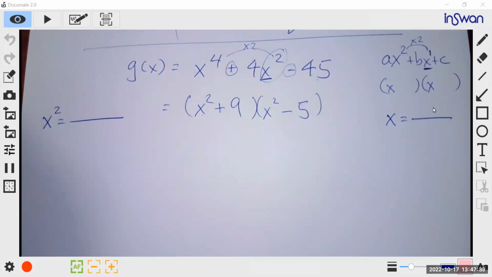Now what do you do? Why do we factor these things? What are we looking for? 0, right? Yeah, the zeros, the x-intercepts. So what do we have to do now with these? Anybody?